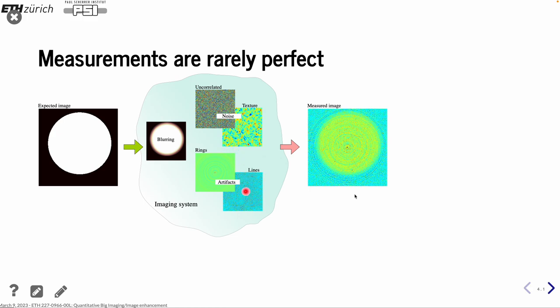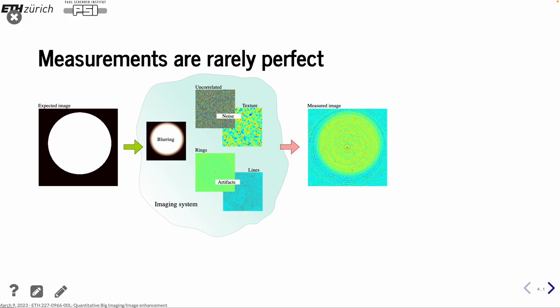And you can also see some line artifacts. And in the end, instead of measuring this very clear image, what you get is this thingy. And it has a lot of noise, it has ring artifacts, it has line artifacts, everything. And that is what you actually can expect when you do an image with some kind of system.